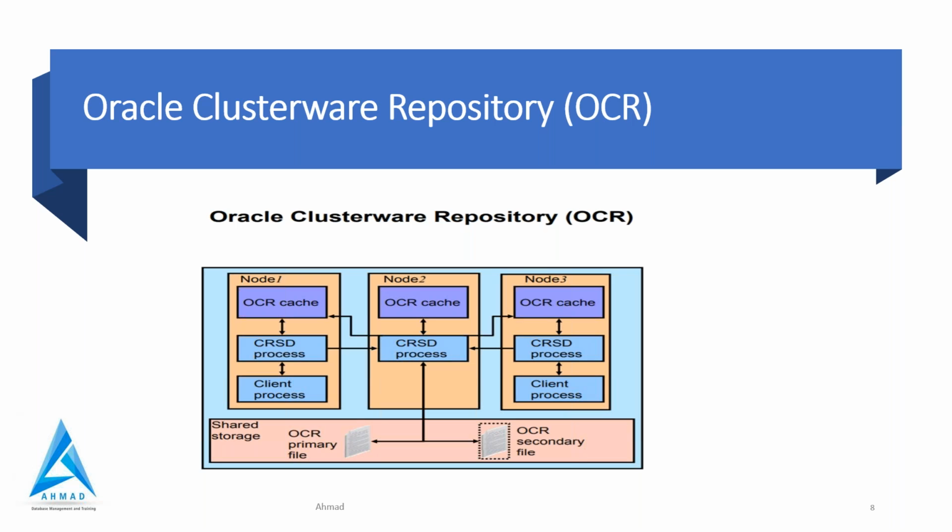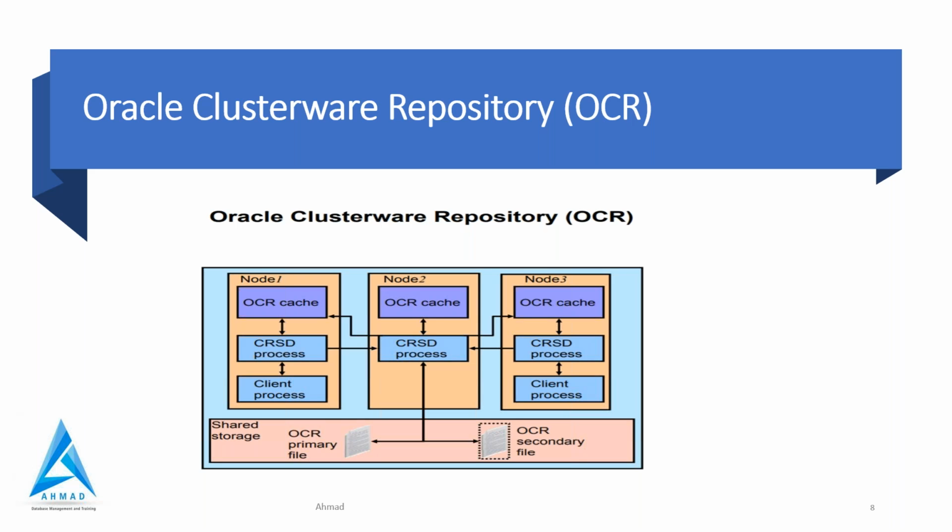Each OCR location must reside on shared storage that is accessible by all of the nodes in the cluster, and the OCR relies on a distributed shared cache architecture. So see that the OCR cache is connected in every node, and that basically stores the information and updates also.